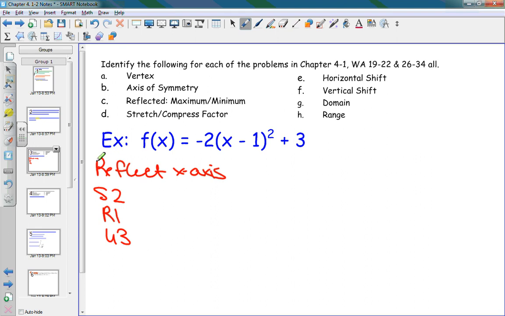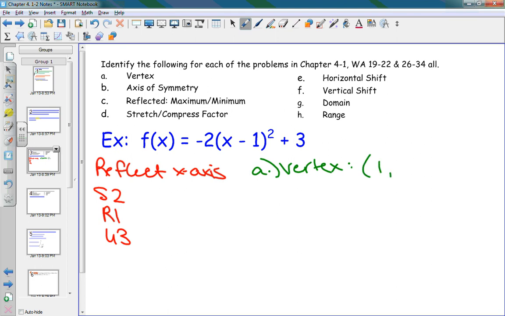So letter A is going to be my vertex. What is my vertex here? My vertex is going to be my horizontal and vertical shift. Horizontally, I'm going to the right 1 unit. Right would mean what type of values? Positive, so I have a positive 1.